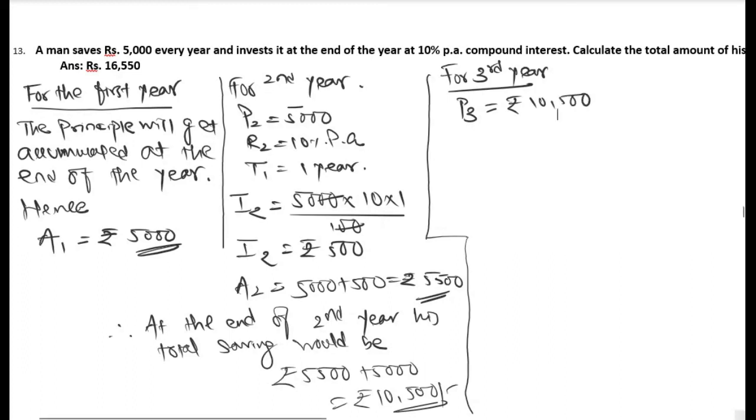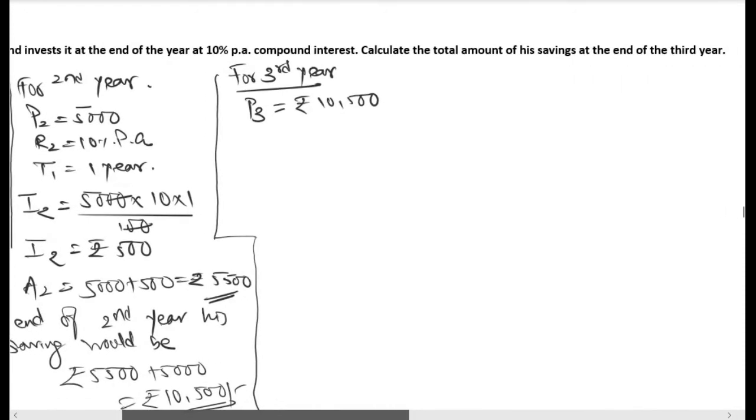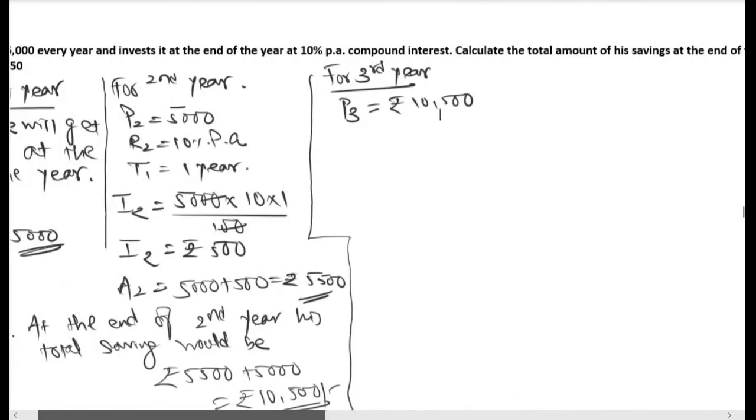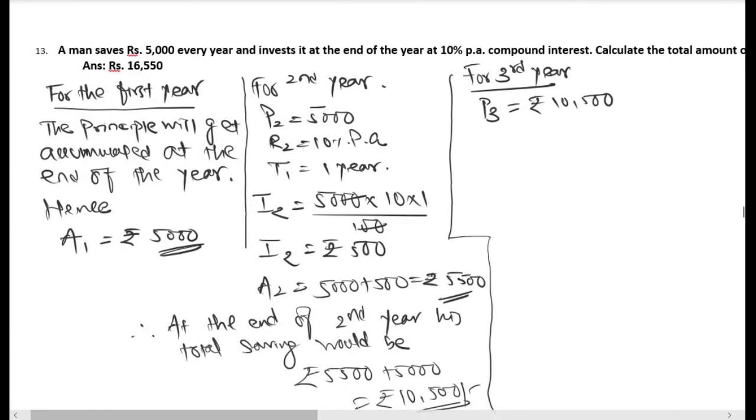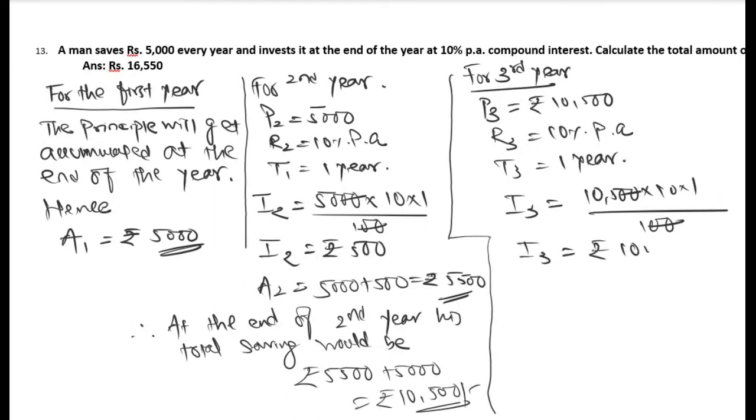Right? The amount at the end of second year will become the principal at the beginning of the third year. We have to calculate the total amount of his savings at the end of third year. So still there is time. What will be R3? 10% per annum. What will be T3? 1 year. What will be I3? I3 will be 10,500 into 10 into 1 upon 100. So I3 will be rupees 1050.